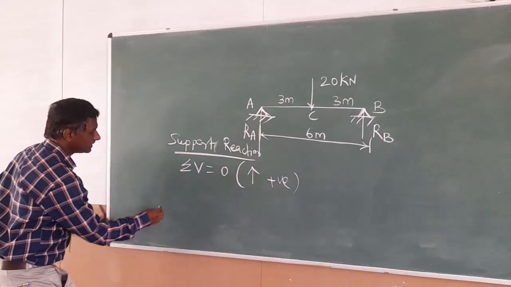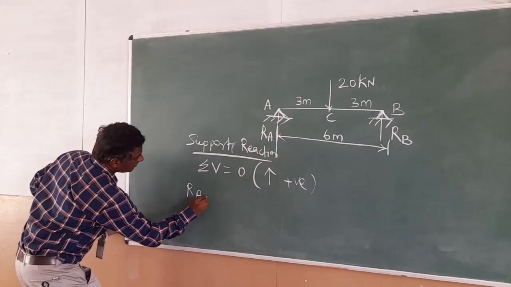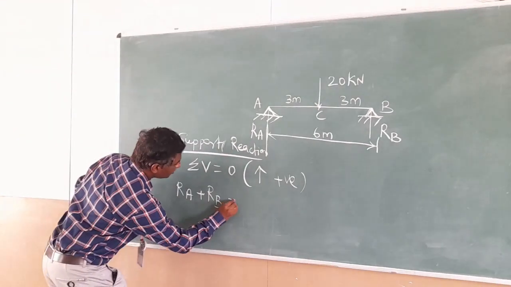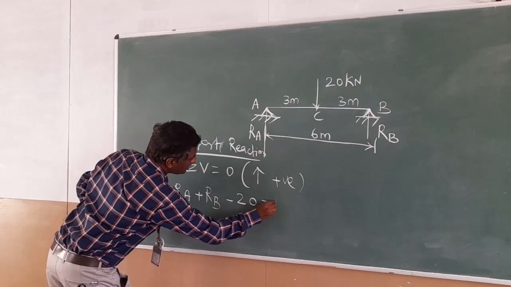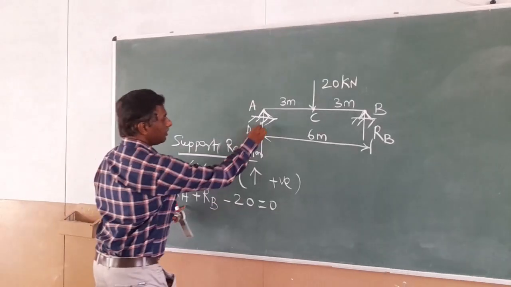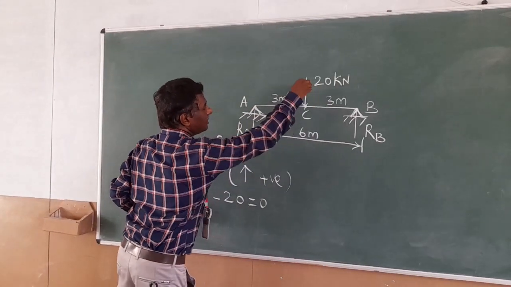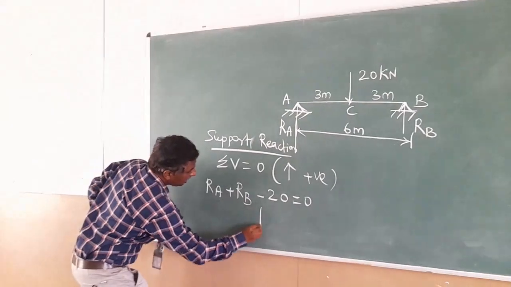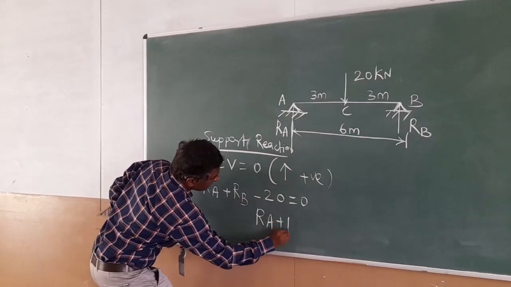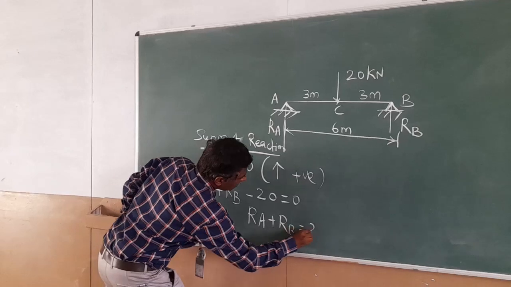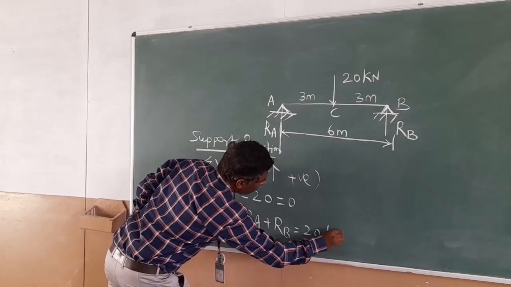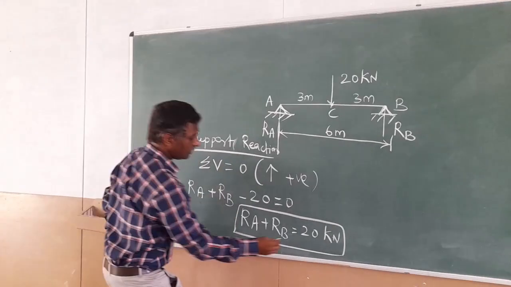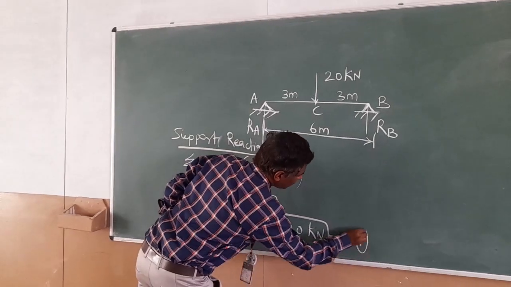So RA plus RB minus 20 is equal to 0. RA is positive, RB is positive, and 20 is downward, so negative. Finally, RA plus RB is equal to 20 kilonewton. So I have one equation; let's take this as the first equation.